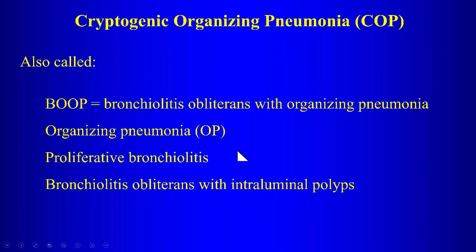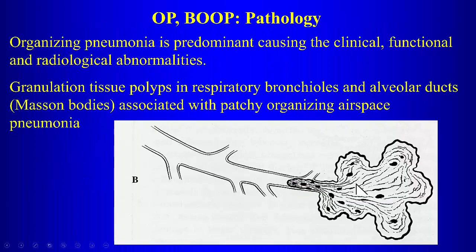Organizing pneumonia is the histologic pathology associated with this, and some other terms have also been used to describe this disease. The problem here is that the process begins in the alveolar air spaces. So even though it's been called BOOP, it primarily starts as an organizing pneumonia in the air spaces and then secondarily invades the airways. That's where we get the bronchiolitis obliterans component.